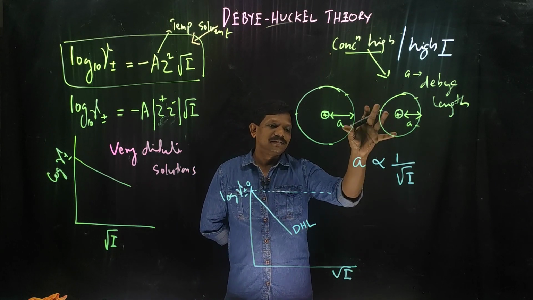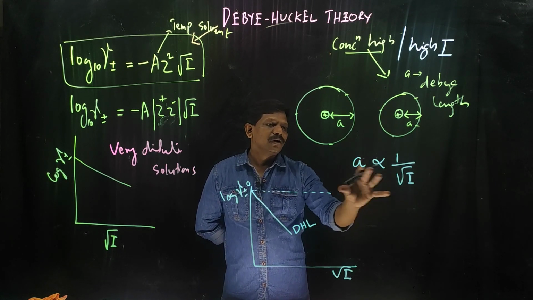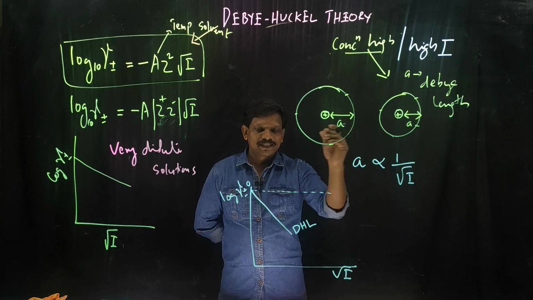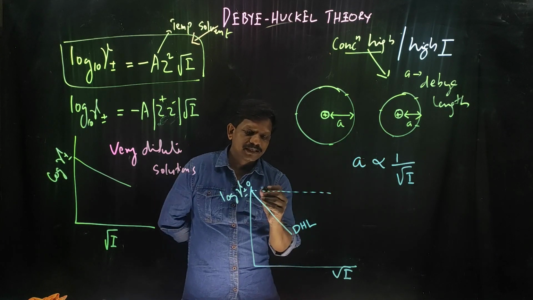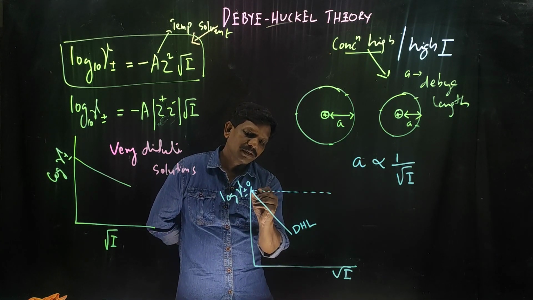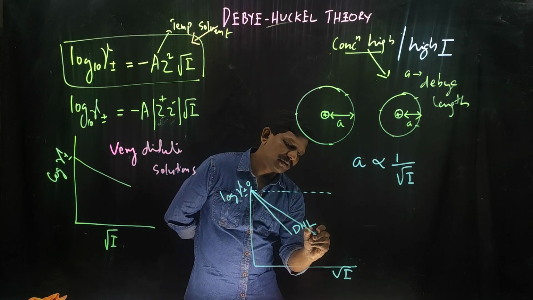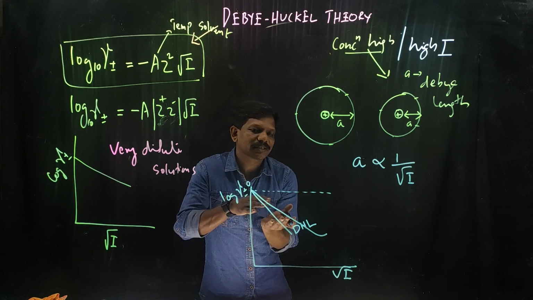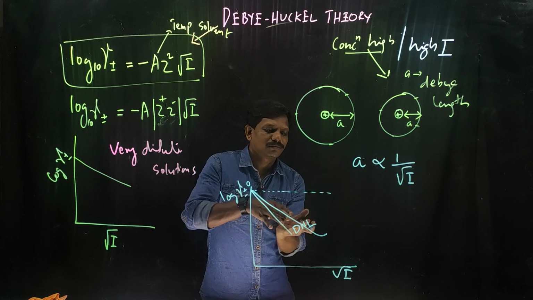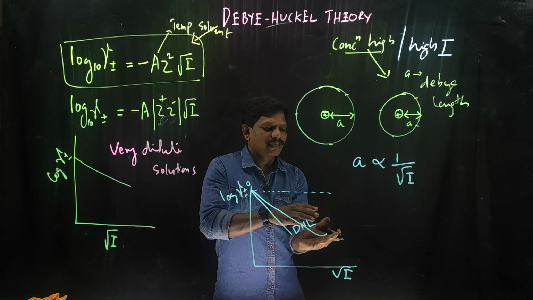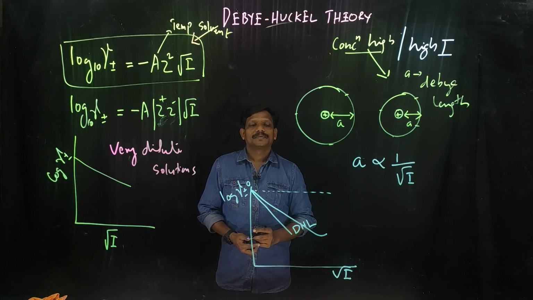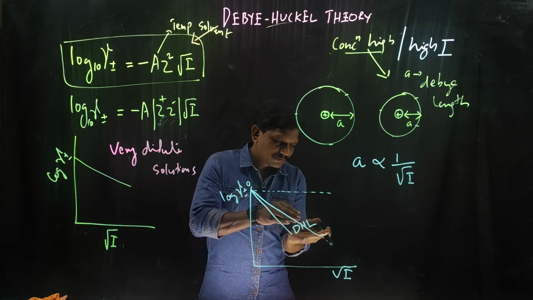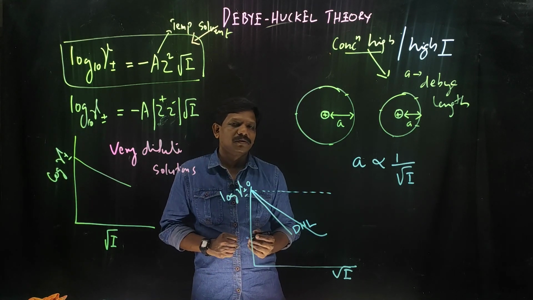So what happens in this case? When the concentration increases, normally the graph will deviate like this. That means at high concentration, it shows a shape like this. I think you can see this. It will go like this.